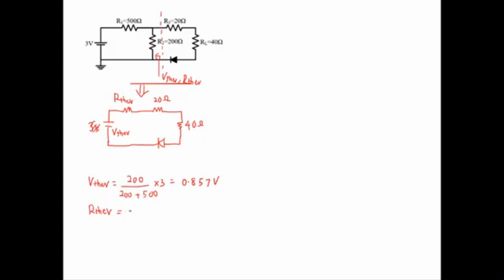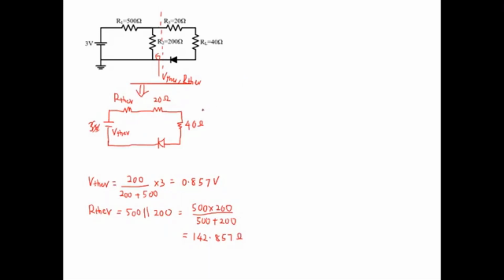So R Thevenin is 500 parallel with 200, and the equation for the parallel is 500 times 200 divided by 500 plus 200. So this is equal to 142.857 ohm. Okay, so now you have the values for V Thevenin and R Thevenin.